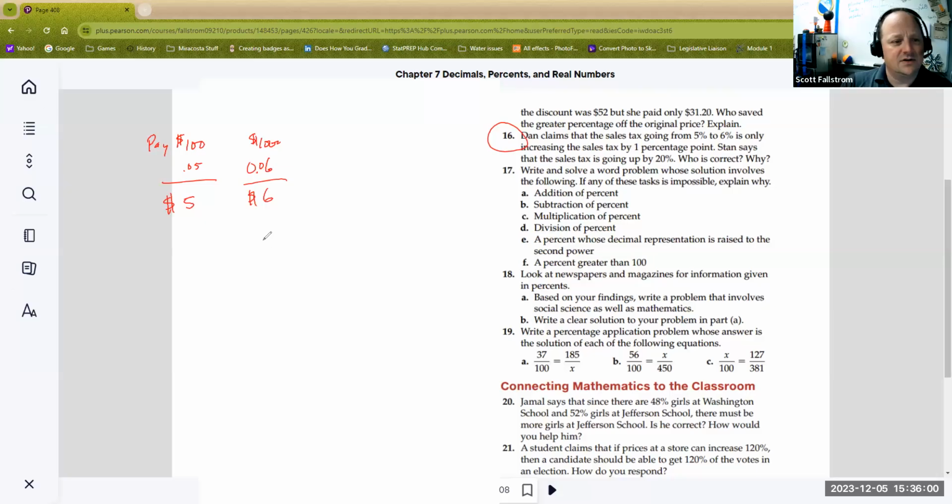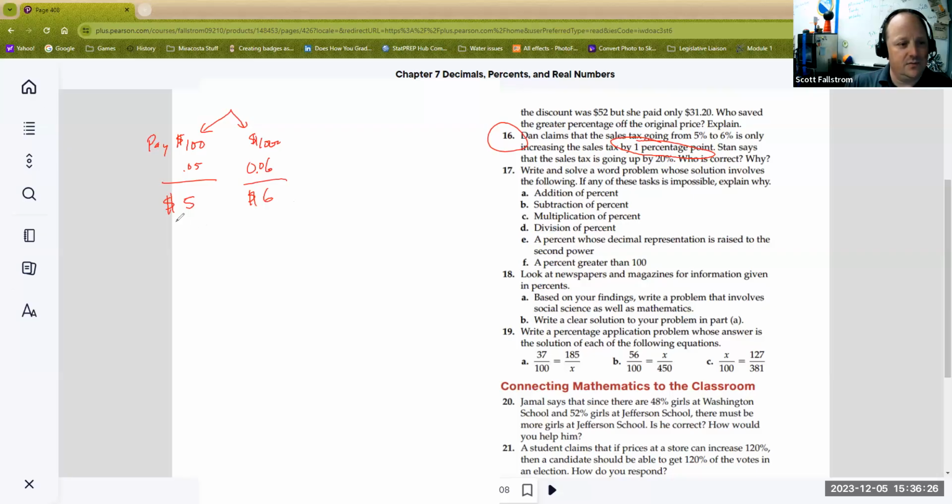Okay. So that means it went up by $1 on a $100 purchase, which would be going up by 1 percentage point, right? From 5% to 6%. Okay. So Dan looks like Dan's got it. Dan totally gets it.